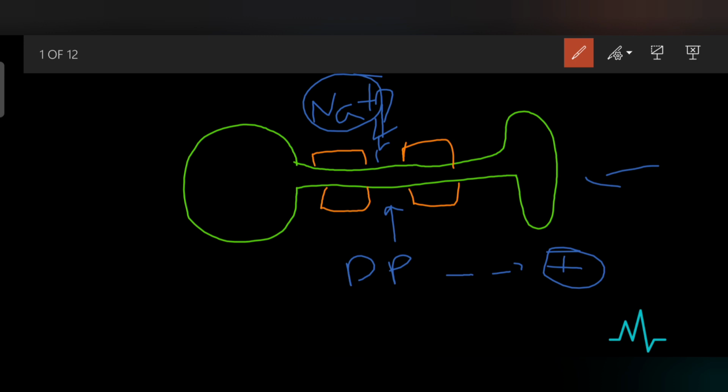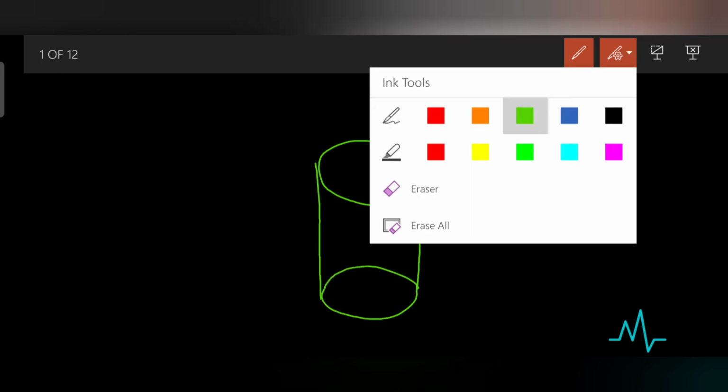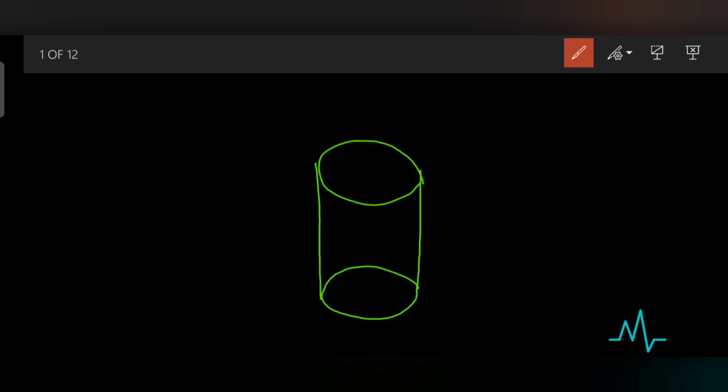Now let's see how this sodium channel normally works. Let's suppose it is a sodium channel. The sodium channel has two types of gates, the M gate and the H gate. Normally, in the resting phase, both gates are closed, right?